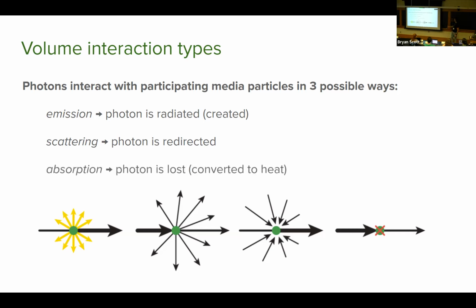And finally, the photon can be absorbed, so it's lost and its energy is converted to another form of energy. These diagrams show it. With emission, light is traveling in some direction and a particle emits light, which adds to the existing light. Scattering redirects it either outside or inside the reference direction we chose here. And absorption removes some light from the existing beam traveling through space.